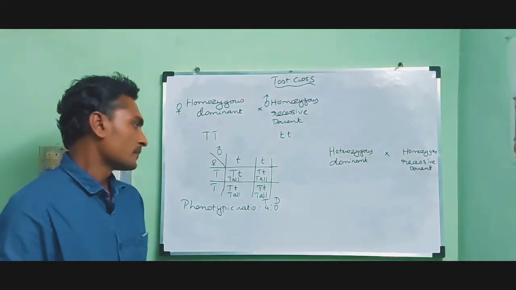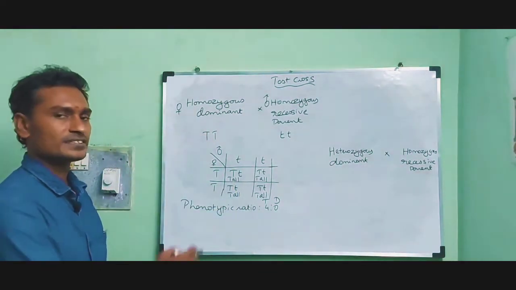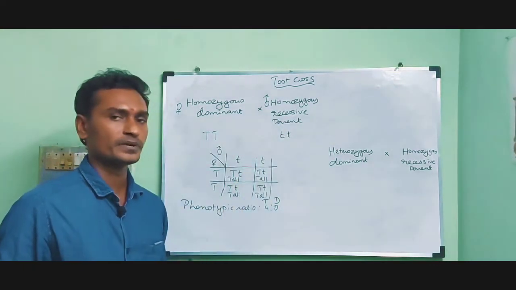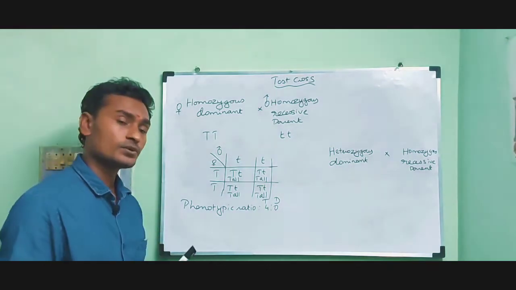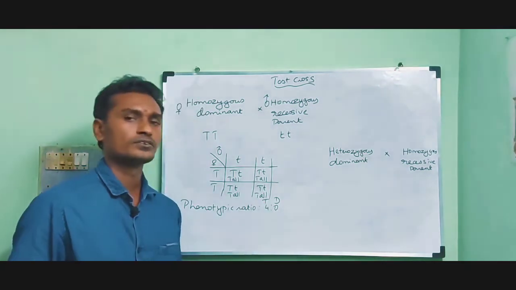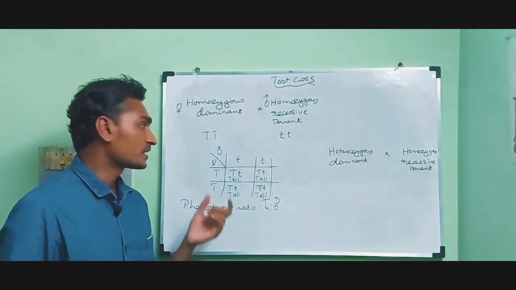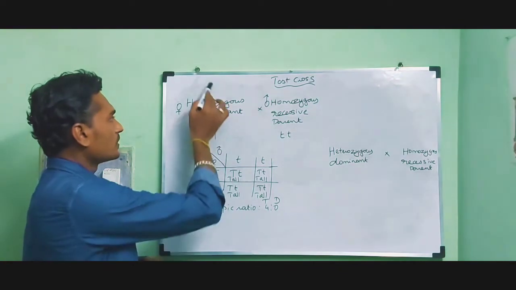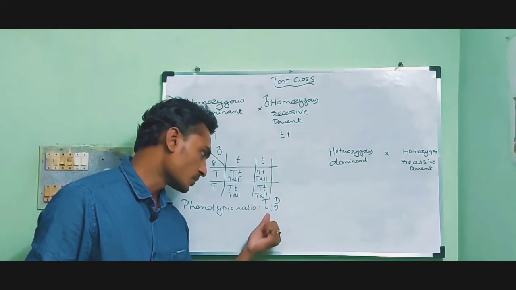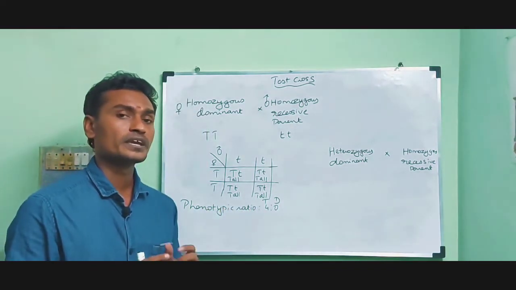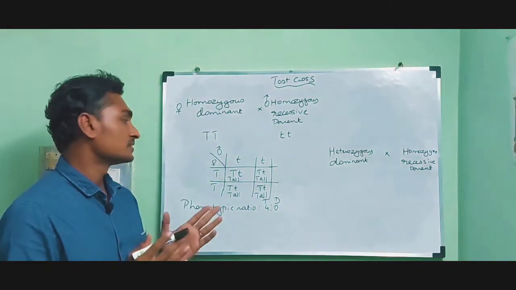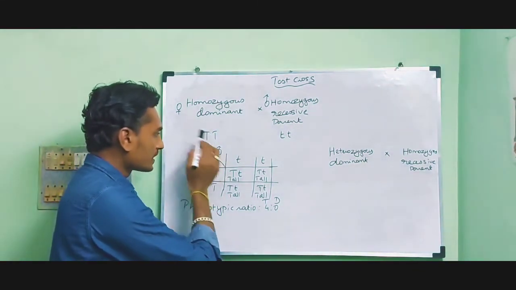So when a homozygous dominant plant is crossed with a homozygous recessive parent, the phenotypic ratio would be 4:0. If you find 4:0, we can predict that the genotype of the dominant character is capital T, capital T.